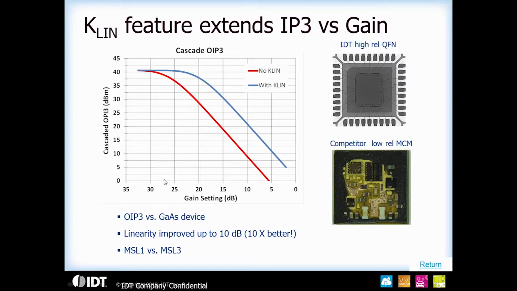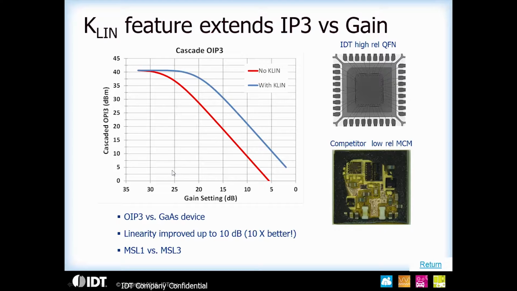As you see on the slide, going from 30 dB of gain to 25 dB, our IP3 remains constant. Whereas for a competing device without this feature, there's a degradation of almost 4 to 5 dB as you reduce the gain by 5 dB.